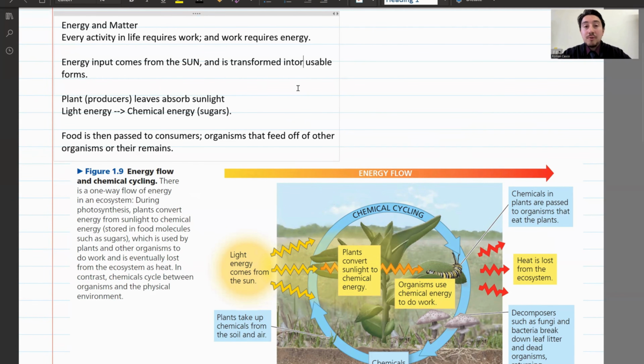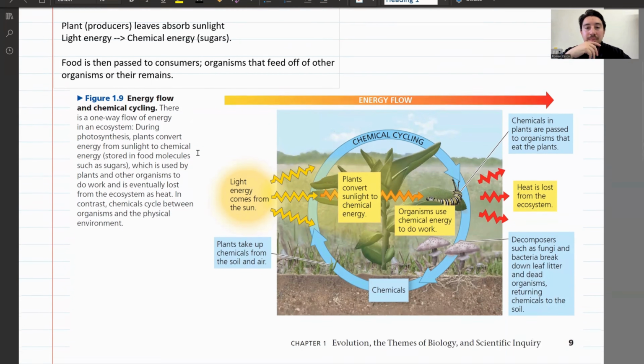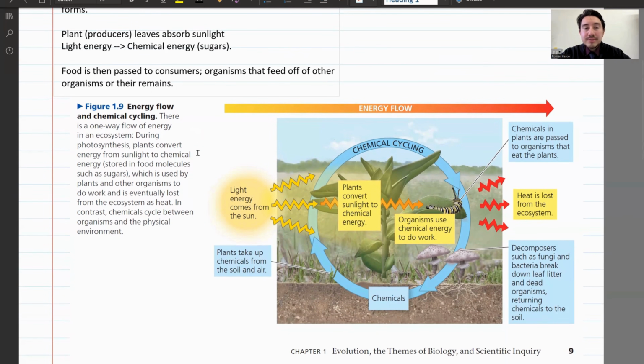It is transformed into usable forms. So we know plants, producers, autotrophs, are organisms that can harness the energy of the sun, taking light energy and converting it into chemical energy, sugars, glucose primarily.